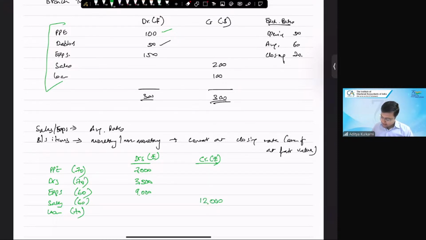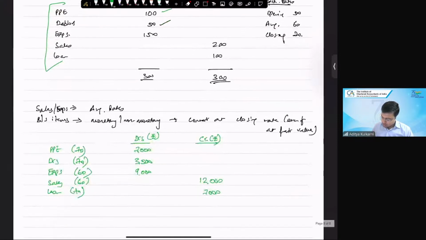Loan 70 into 100 gives you 7,000. So when I tally my trial balance, 9, 3, 12, 7, 19, 19,500. There is this difference of 500.